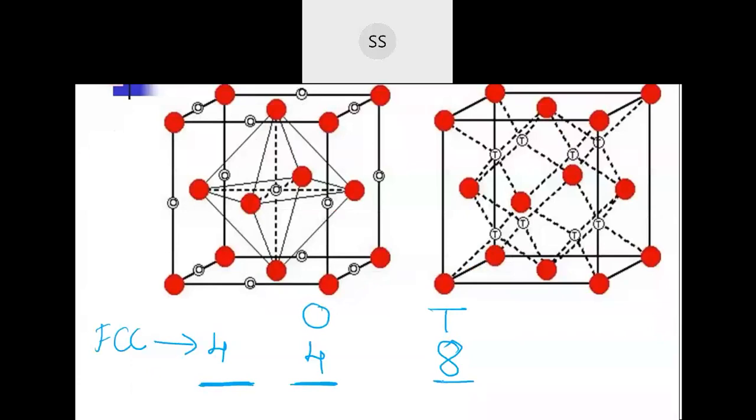If I generalize this, if I have n number of atoms in a close packed structure, n octahedral voids will be formed, and 2n, double of that, tetrahedral voids will be formed. So remember, this is the general way of representing it. I just took an example for you to understand. So you can write this down as a note, students. If the number of close packed spheres is n, the number of octahedral voids generated is also n, and the number of tetrahedral voids generated will be 2n.